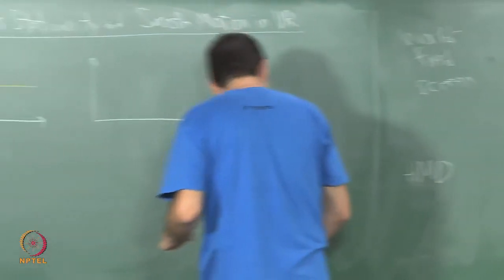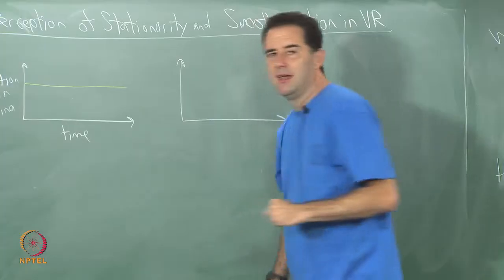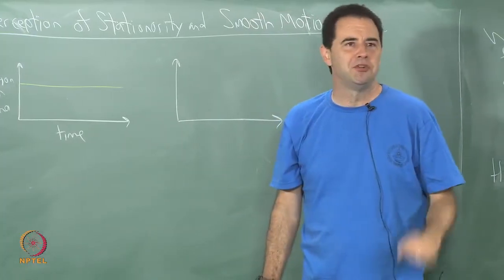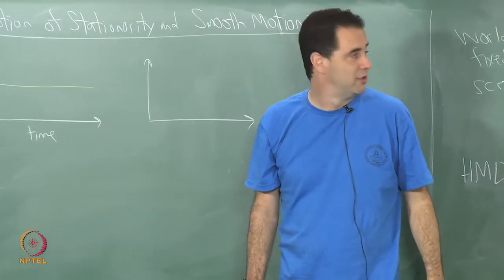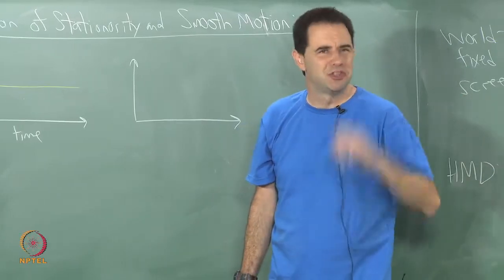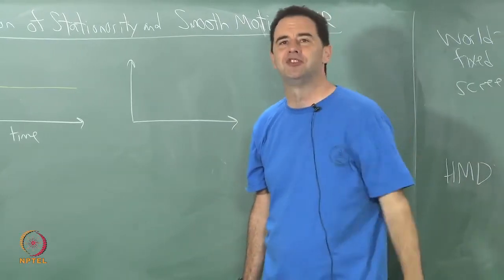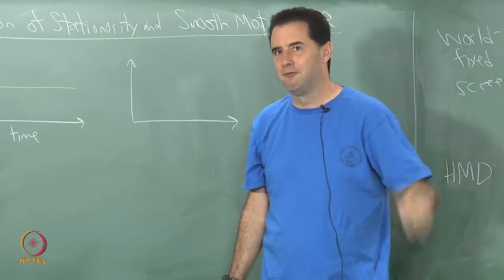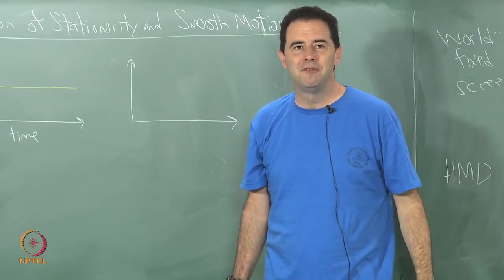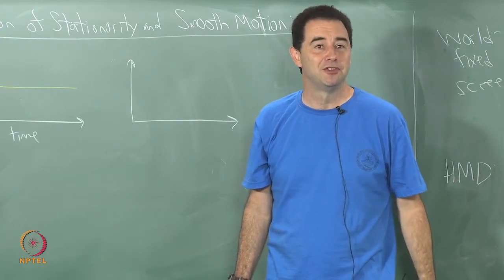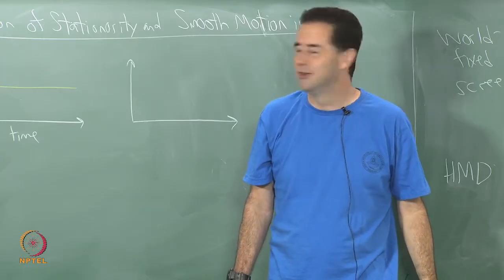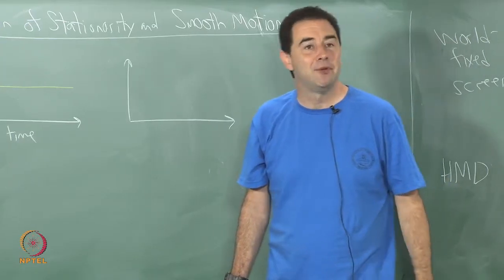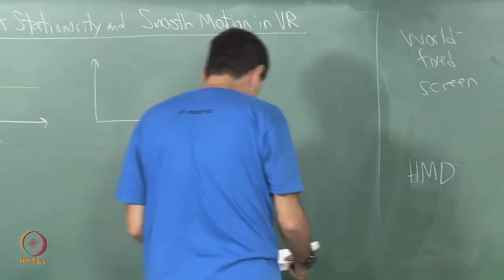We fixate on one particular point, and let's suppose that we have a display that updates at 60 hertz. I'm going to forget about the waggle problem. Let's just suppose I update all the pixels at the same time. They switch very, very fast, but they only update at 60 frames a second, right? So I go back and forth like this. What's going to happen to the image on the retina?